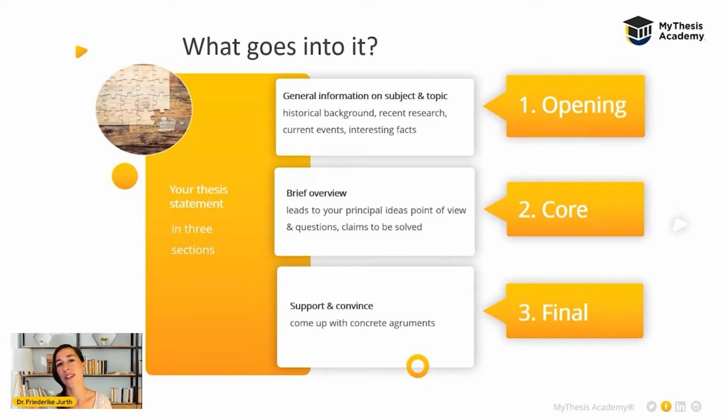And then you get over directly to the core and provide a brief overview that leads to your principal ideas, your point of view, and addresses some questions and claims to be solved. The final part consists of concrete arguments where you come up with supporting and convincing lines.